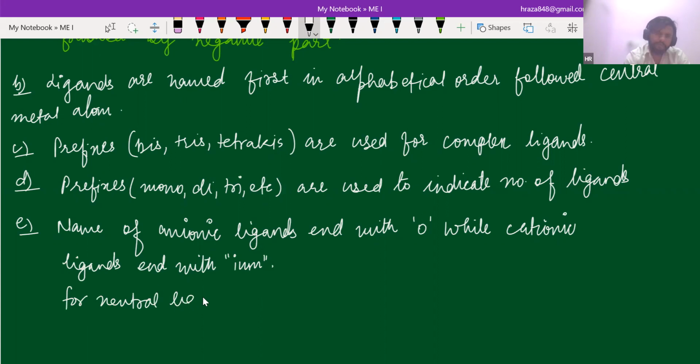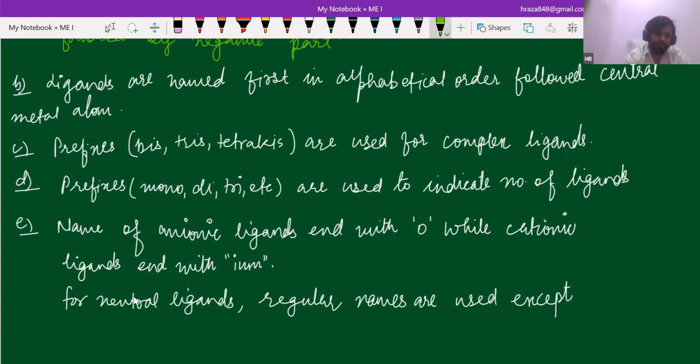For neutral ligands, regular names are used, except for H2O, for which aqua is used. For NH3, ammine is used. For CO, carbonyl is used. And for NO, nitrosyl is used.